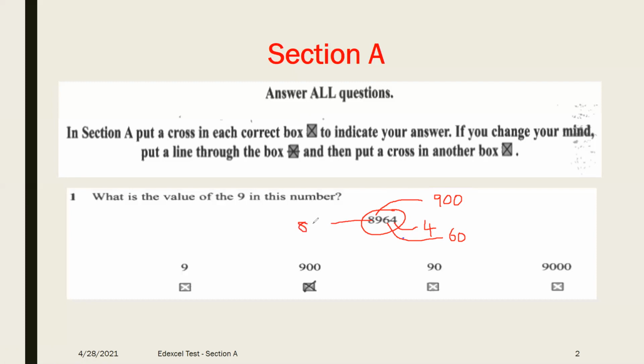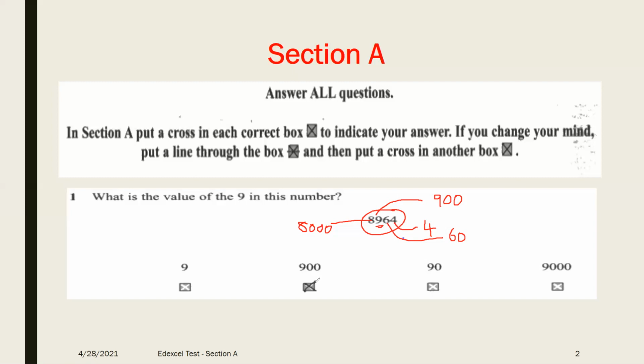Normally, when you get a question like that, first of all, you should be able to identify it correctly. After that, you try to give your correct answer. According to this question, they ask the value of 9. So, value of 9 means you have to find the value of this. According to this, we know the value of 9 should be 900.